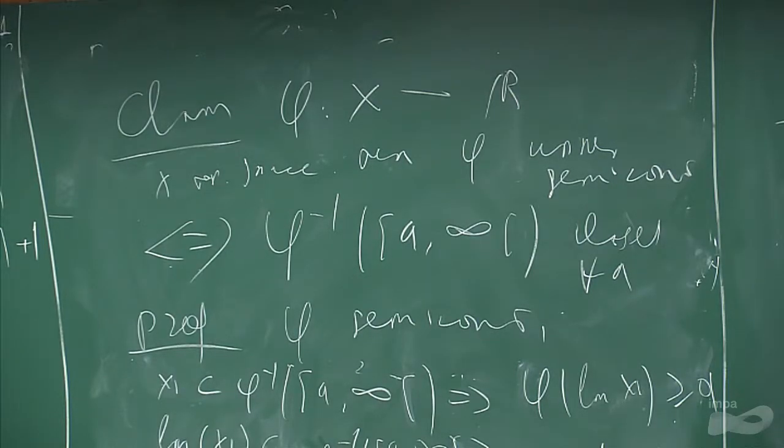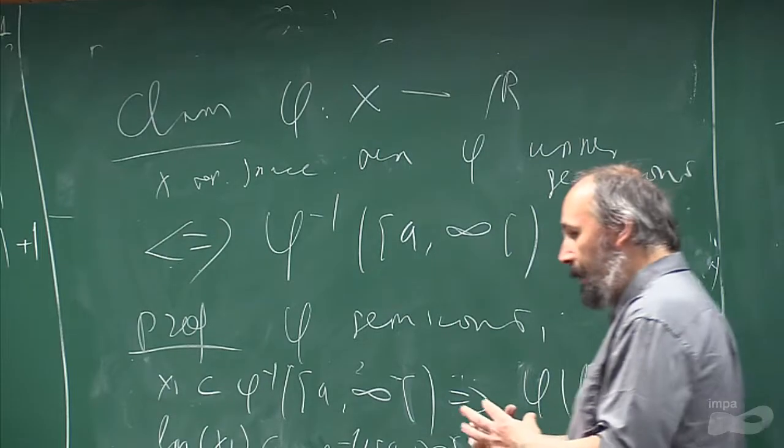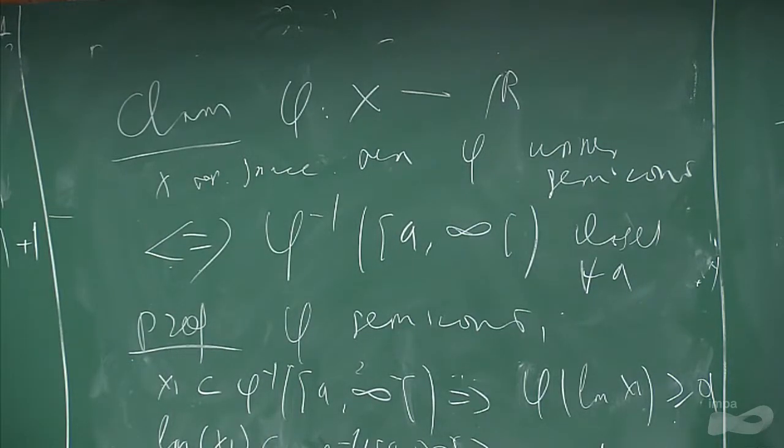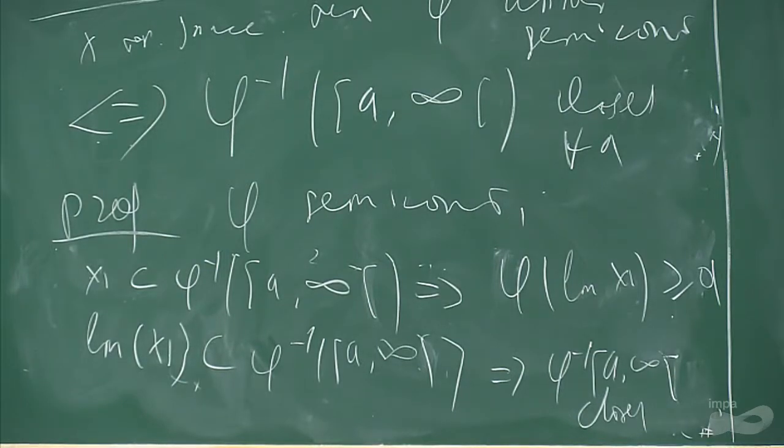The converse is very similar. So suppose that this preimage is closed. So conversely, if phi minus 1 from A to infinity is closed, then for every sequence x_i such that phi of x_i is bigger or equal to A minus epsilon, the limit of x_i has the same property, is bigger or equal to A minus epsilon.